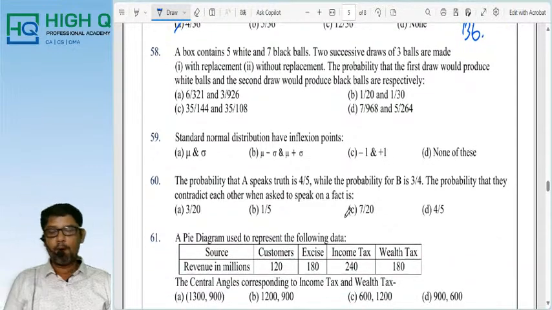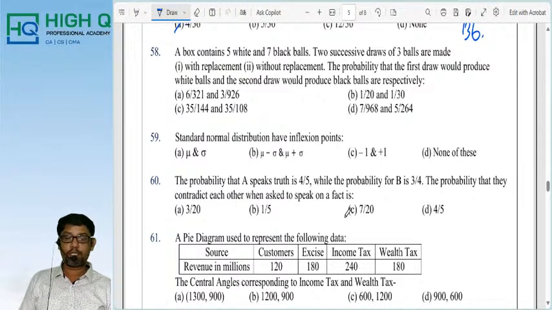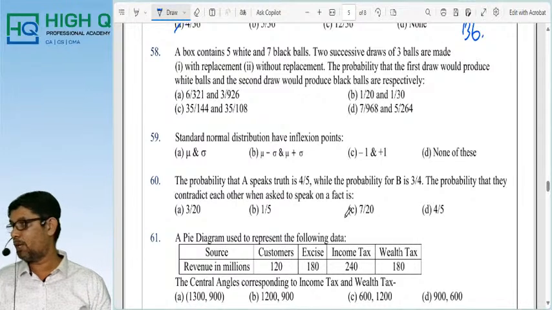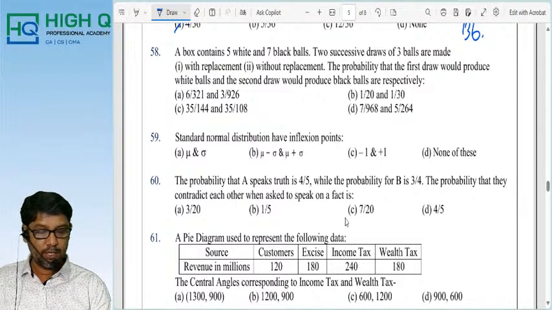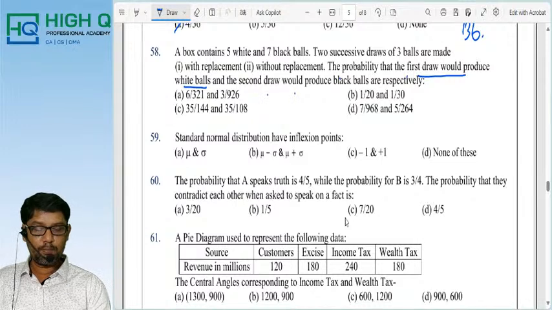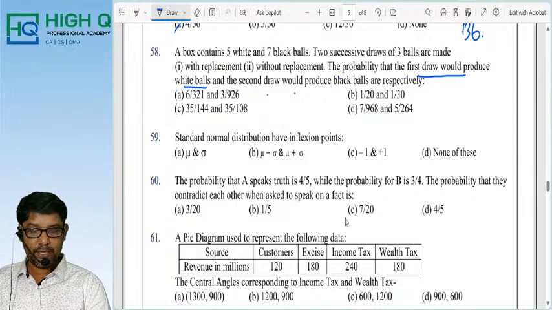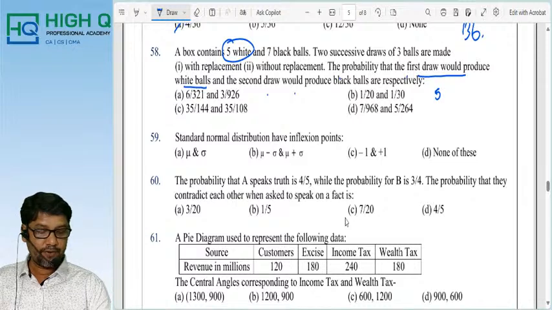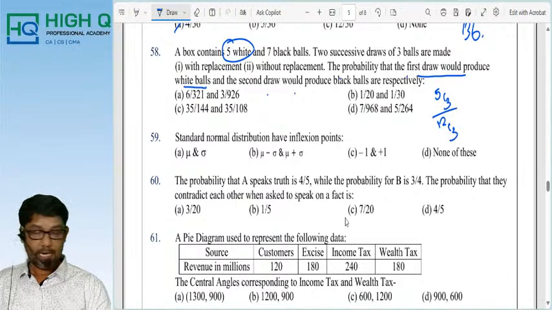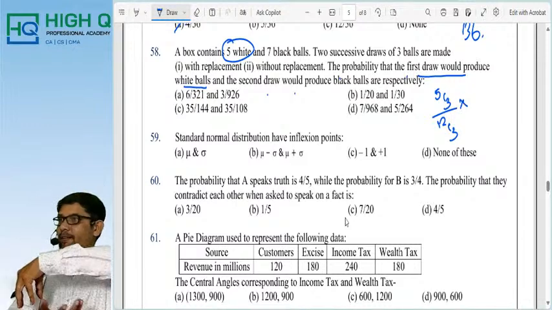Now, a box contains 5 white, 7 black balls. 2 successive draws of 3 balls are made, one with replacement and the other without replacement. The question is, the probability that the first draw would produce white balls and the second draw would produce black balls. So what is it, my dear? First draw would produce white balls: 5C3 divided by 12C3, with replacement.